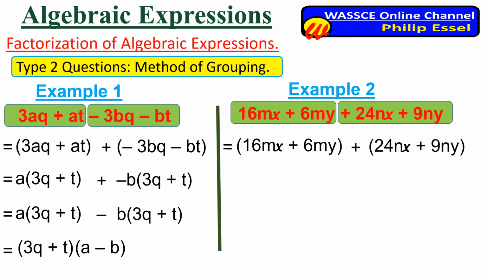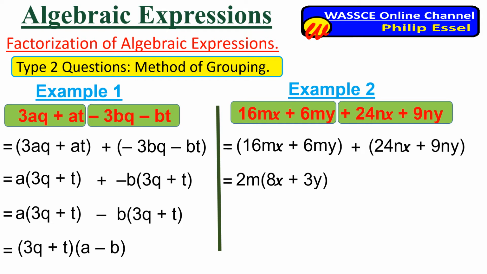Now let's factorize the items in the first group. When we do this, we would get 2m outside of the bracket. Then within the bracket, we would have 8x plus 3y, bracket closed.